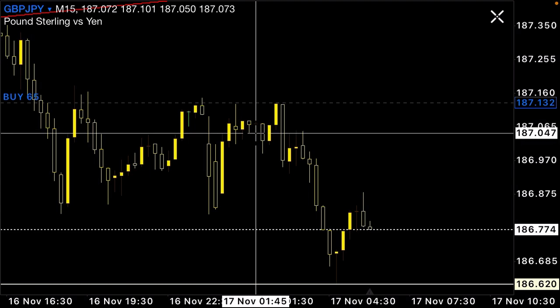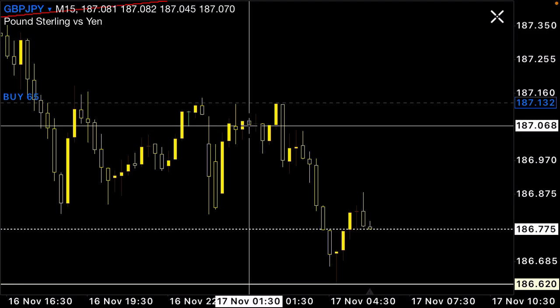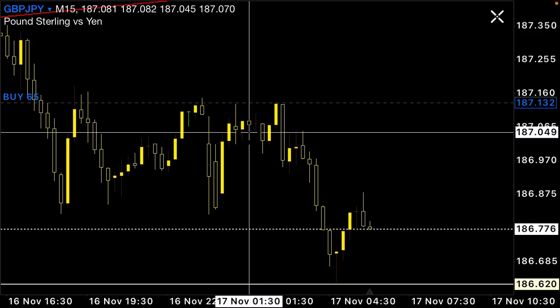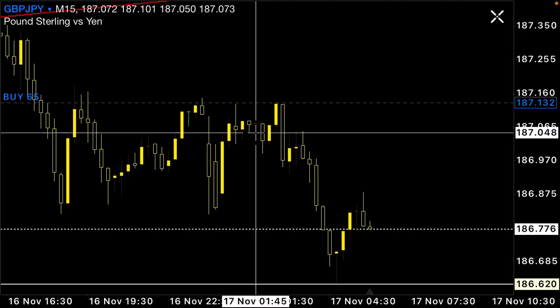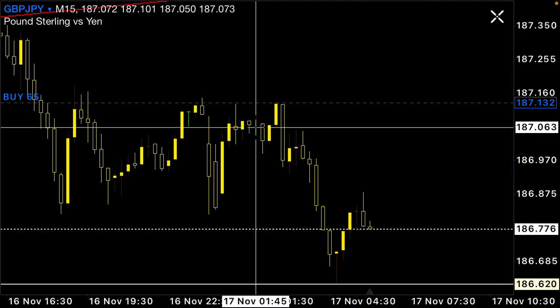But it has the end of the candlesticks, so it actually went all the way down because there's a wick at the bottom, but it went all the way up, and then it stopped at the end of the 15 minutes.